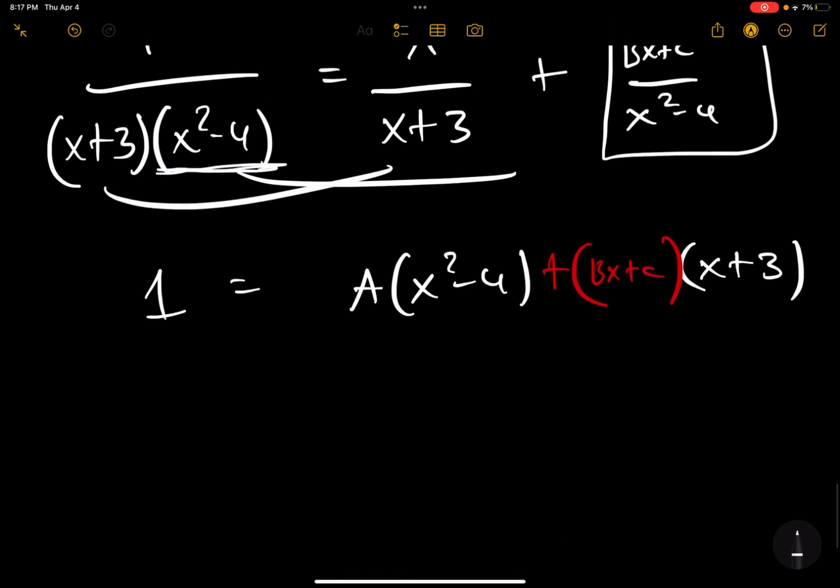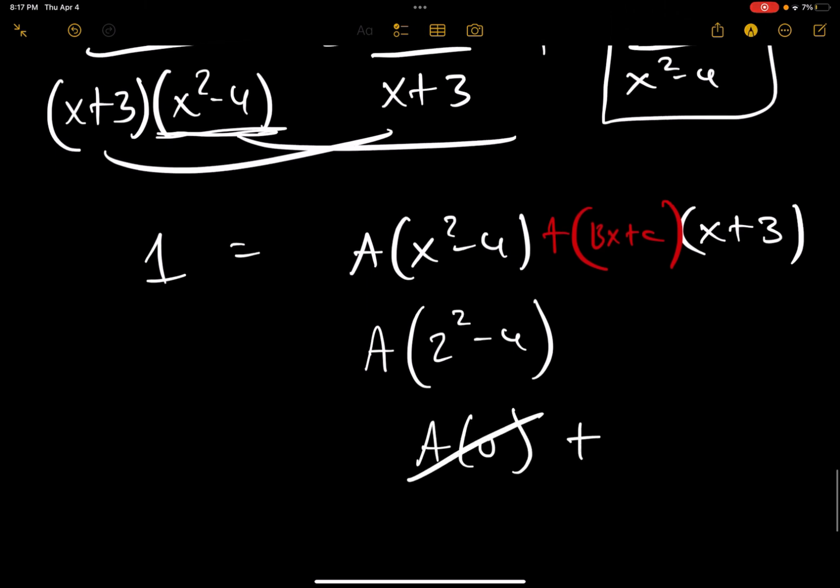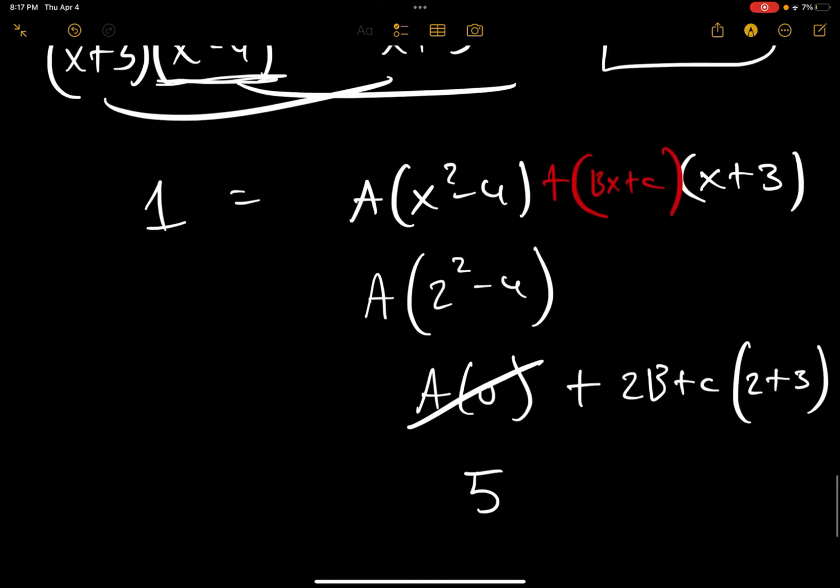If we do x equals 2, then we have 2 squared minus 4, so a cancels out, plus we input 2 into the b area, 2b plus c, and now we have x plus 3, and we put 2 plus 3, which is 5. Now we just have 5 times 2b plus c.